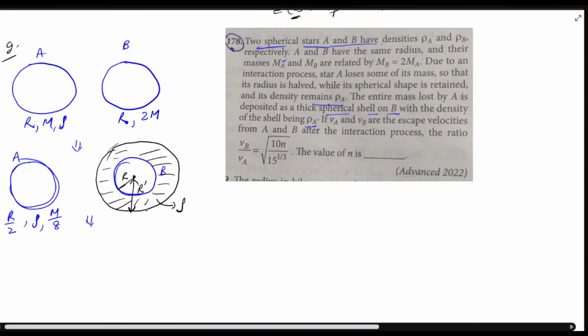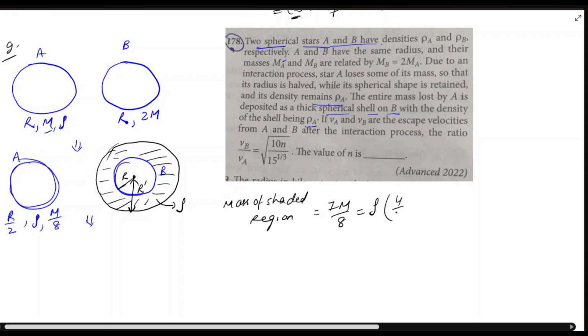So how will we write? We will just write this volume, right? We have this mass, so the mass of the shaded region. Look, this one has a mass M and we are left with M by 8, so this mass will be 7M by 8. It should be equal to the density of this part into the volume. The volume will be this whole volume minus this.